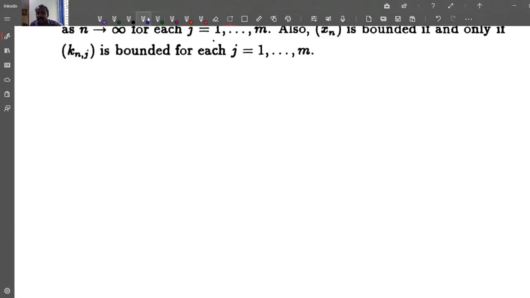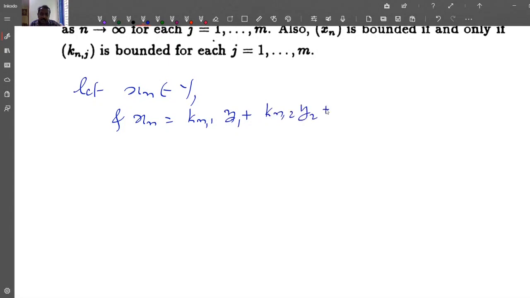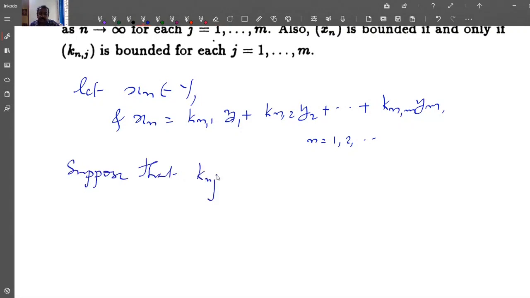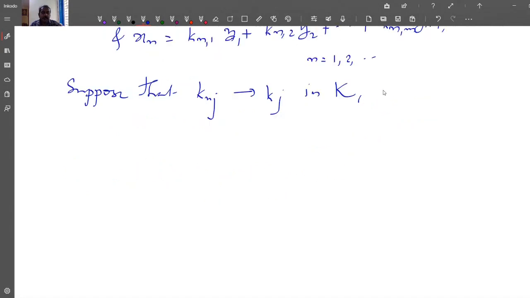So let x_n belong to Y and x_n equal k_n1 y1 plus k_n2 y2 plus etc. plus k_nm ym for n equal to 1, 2, etc. Suppose that k_nj converges to kj in K as n tends to infinity for j equal to 1, 2, etc., m.